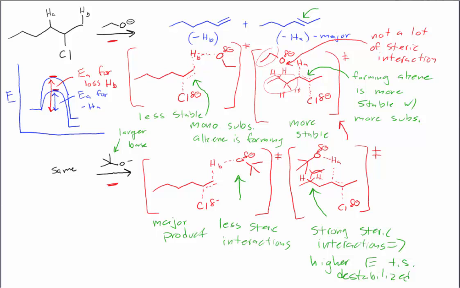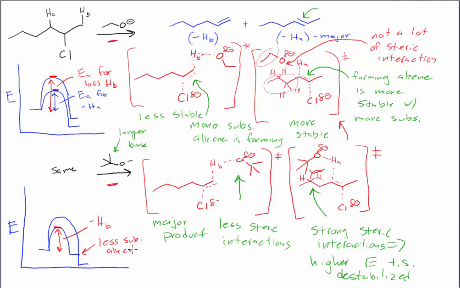And we can look at an energy level diagram again, this time using the larger, bulkier base. And we're going to get two pathways again. I'll try to use two different colors in this case as well. And this is minus HB in this case. We have a lower energy transition state, but we also have a higher energy product, of course, because the Hofmann product, the less substituted alkene, is higher in energy.